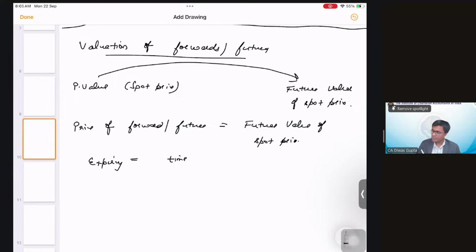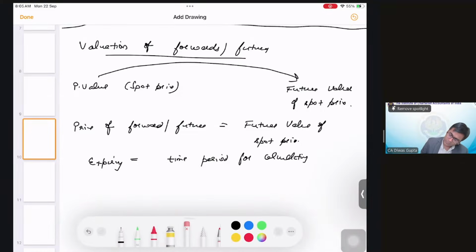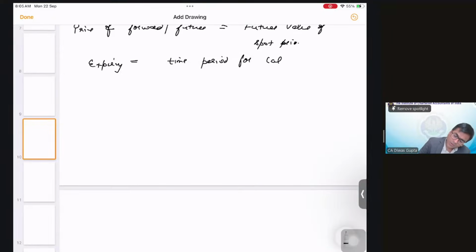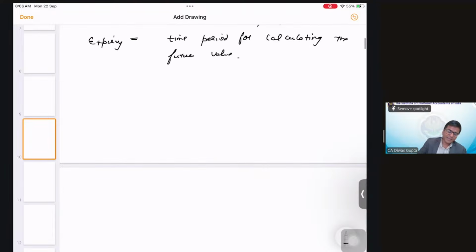The time period for calculating the future. Let's say time to expiry is 1 month. So the expiry of 1 month will become the period for which the compounding will happen. Okay. And just rewriting it, discrete compounding.